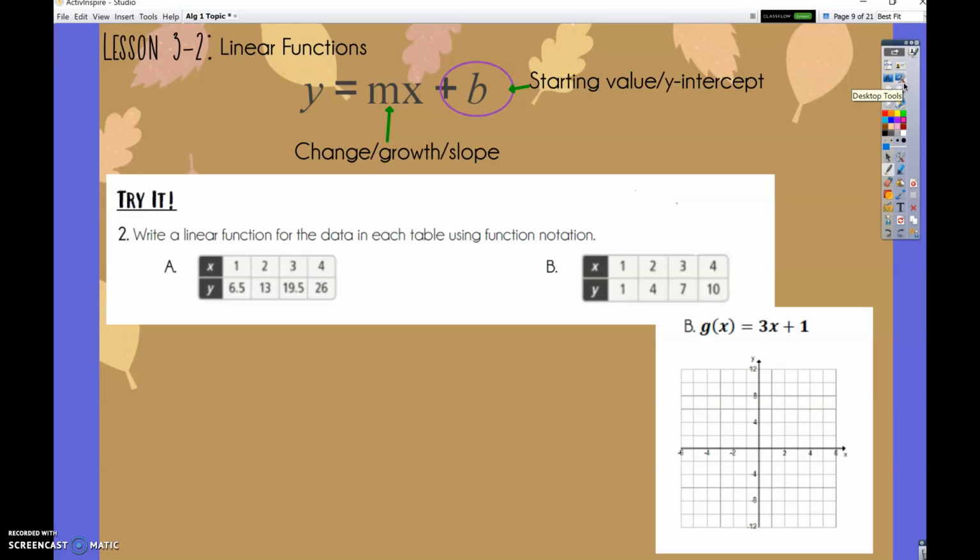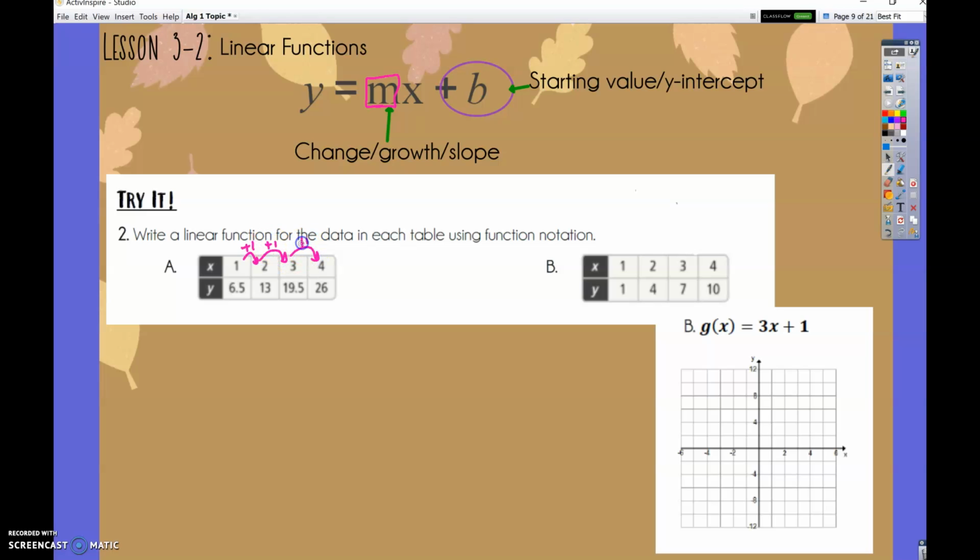Now that we know function notation, sometimes you'll be asked to create the equation. In the previous chapter, we knew that y equals mx plus b gave us our y-intercept, or our starting value, and our slope, or our growth and change here for m. So if we're asked to write a linear function using either data or our table of values, we can note that our x is going up by 1 every time we look at this first table.